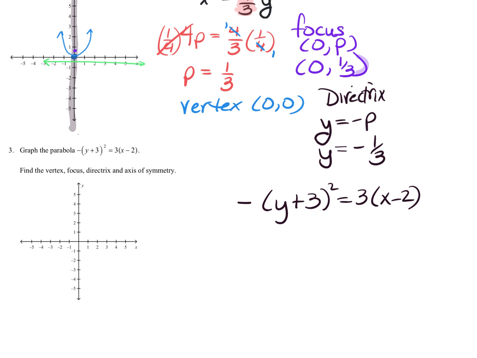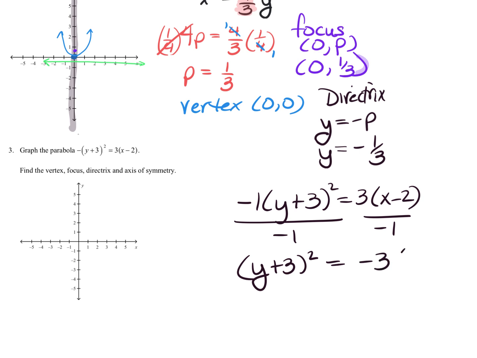However, remember, step number 1, isolate the squared term. So notice this has an assumed negative 1 there. So I have to divide both sides of my equation by negative 1 to get this y plus 3 squared all by itself. This is going to now change my 4p value and the direction of my parabola.